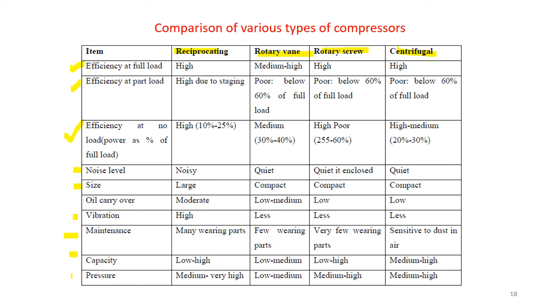Efficiency at full load for reciprocating compressor is very high. Rotary vane is medium high, rotary screw type is high, and centrifugal is also high.